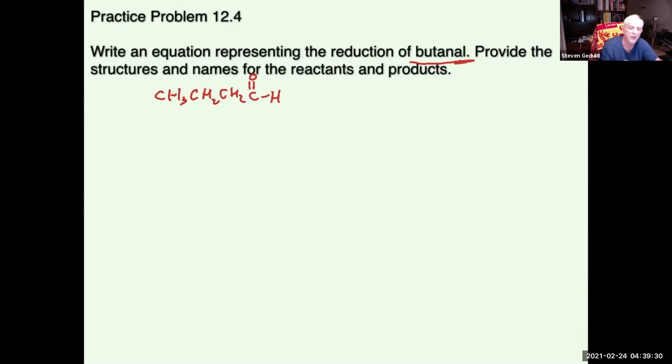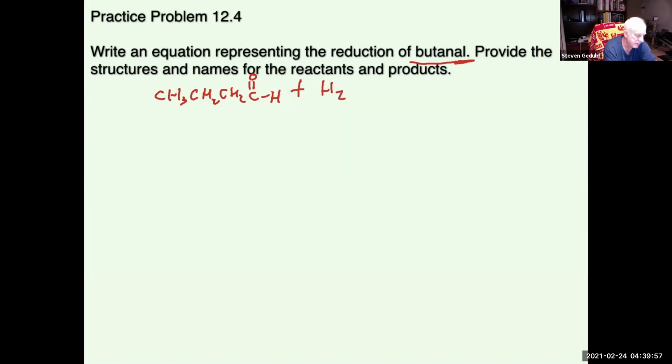"Al" means an aldehyde, and aldehydes have to occur at the end. They can't occur anywhere else but the end of the compound. Aldehydes have a carbon bonded to one side of the carbonyl carbon and then a hydrogen. And reduction means to add hydrogen. Oxidation is adding oxygen. Reduction means to add hydrogen.